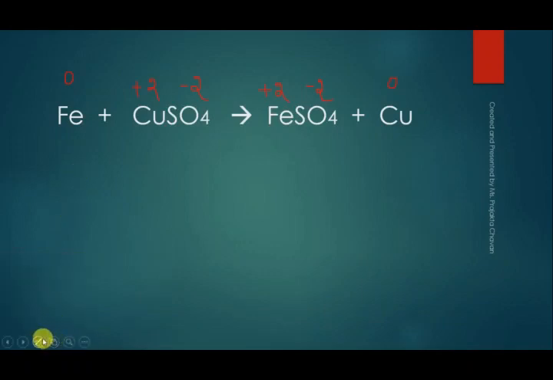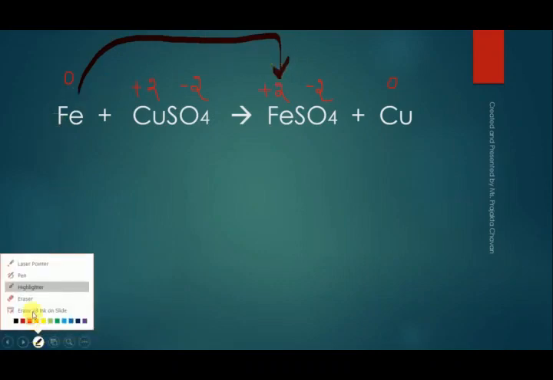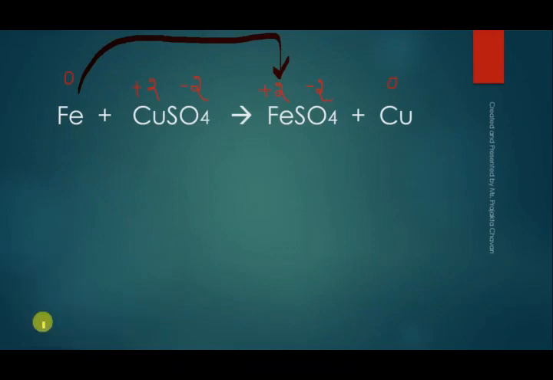So here, as you can see, for Fe the charge is changing from 0 to +2. So there is an increase in the charge. Very good. So whenever there is an increase in the charge, it is oxidation. Or we can also say Fe is the reducing agent.